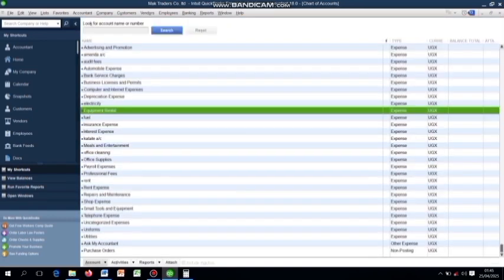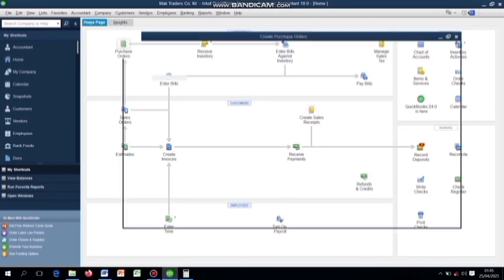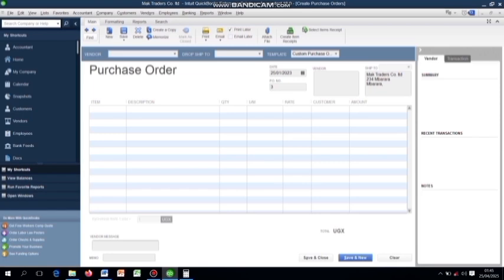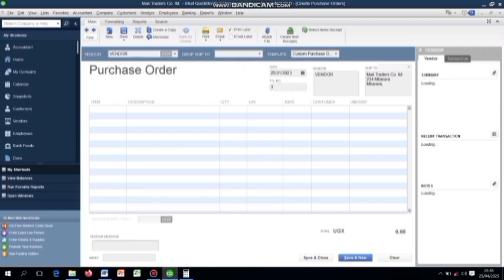Okay, so then we shall go to our last transaction, which is bought a computer for use at the office. So meaning I'll go back to home, then I will go to purchase. Then I'll write the vendor here. I'll maybe use this one because it's not selected. Then I'll come to the date, the date is there.